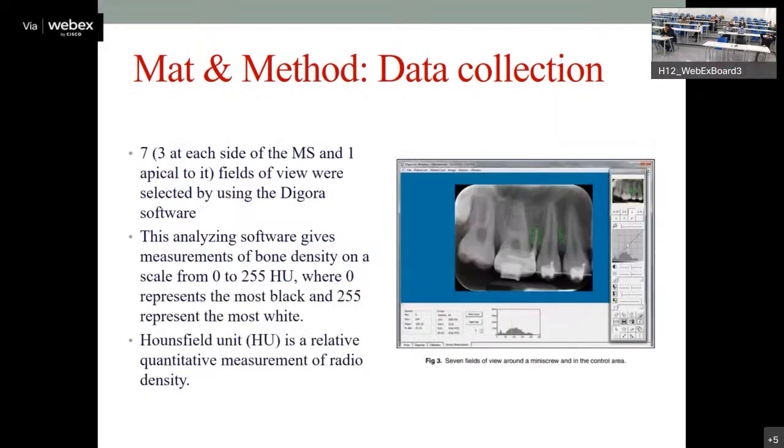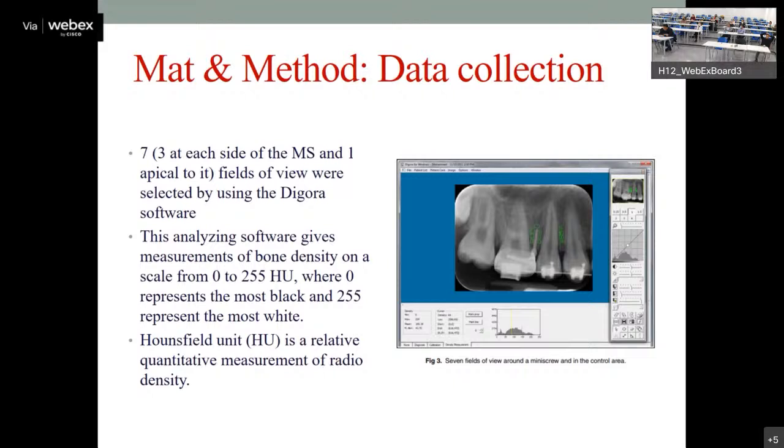Then we used the GORA software. For bone density, they usually use the subtraction technique, comparing the before radiograph with the after radiograph, and then subtracting one from the other. But this requires a very accurate technique, very accurate reproducibility.